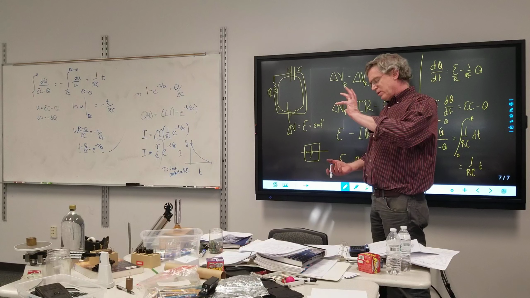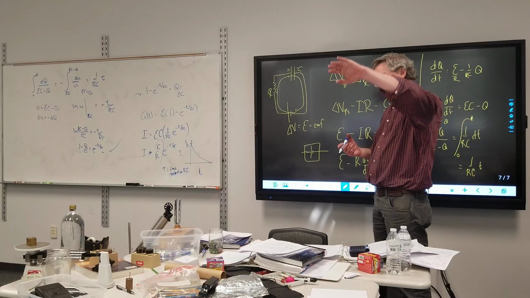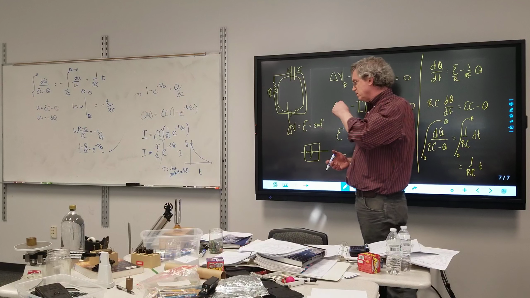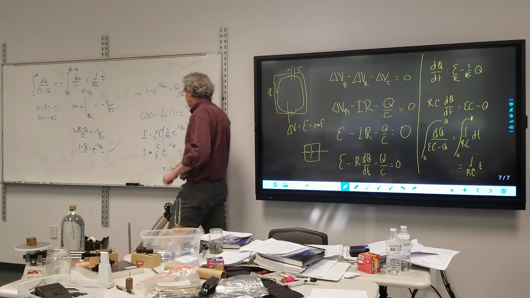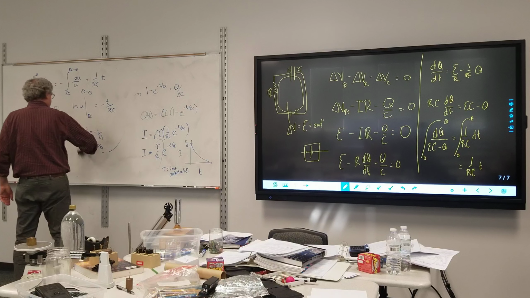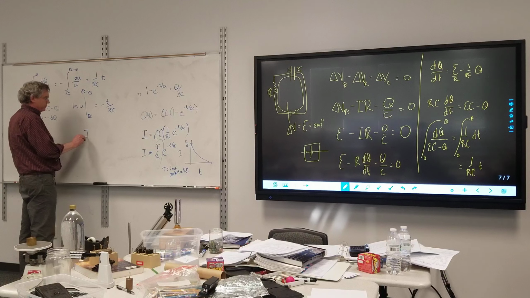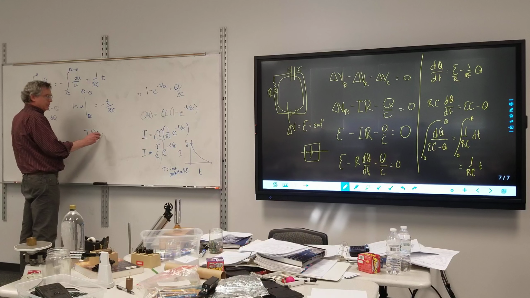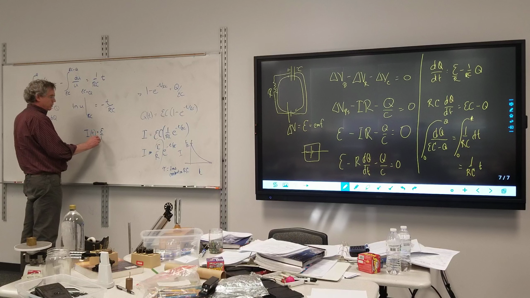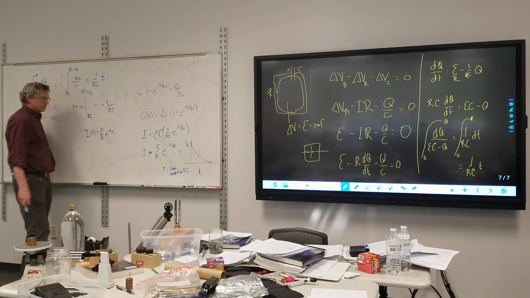So if I know the capacitance and know the resistance, I can predict how long it would take for the current to slow down or to drop off. And so my current as a function of time is equal to epsilon over R e to the negative t over tau.